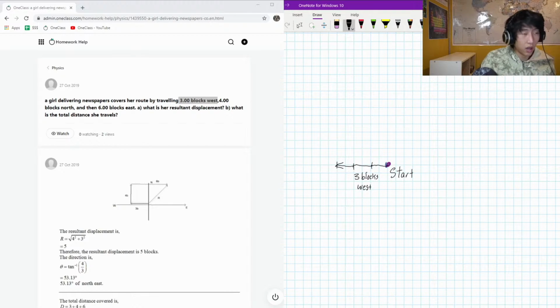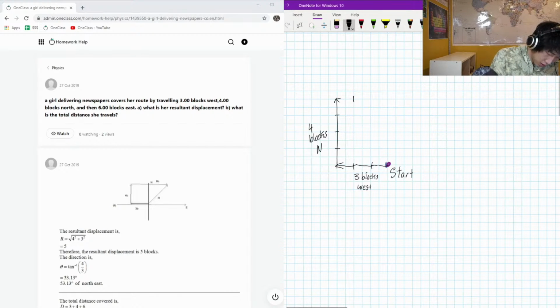Arrow going this way. Okay, the next step in our journey, 4 blocks north. 3, 4. 4 blocks north, and our next step is 6 blocks east. 1, 2, 3, 4, 5, 6 blocks east.